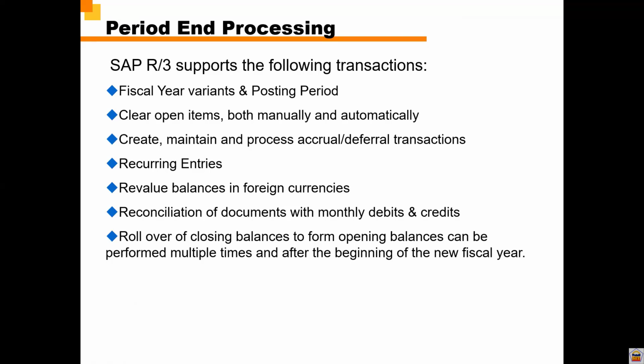Then whatever line items we have, I have shown you the open line items. For that, we need to go for the clearing, and that clearing can be done manually and automatically. So let's take an example of an open item. We made a purchase, and the payment is pending, outgoing payment is pending. So due to that also we'll have an open item.